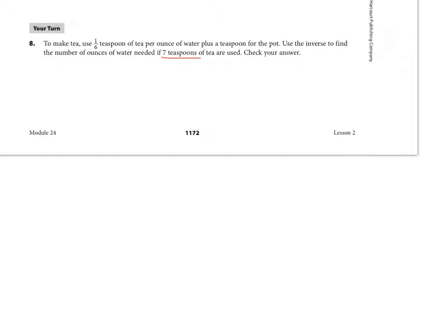So the relationship is T equals 1/6 W plus 1. I would have just plugged 7 in right here.